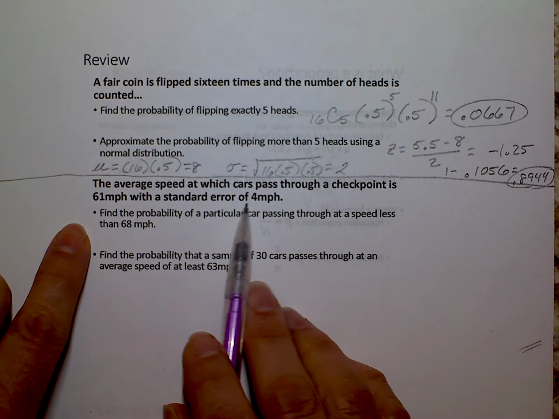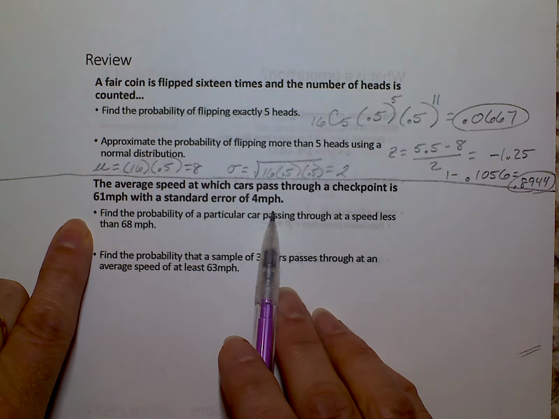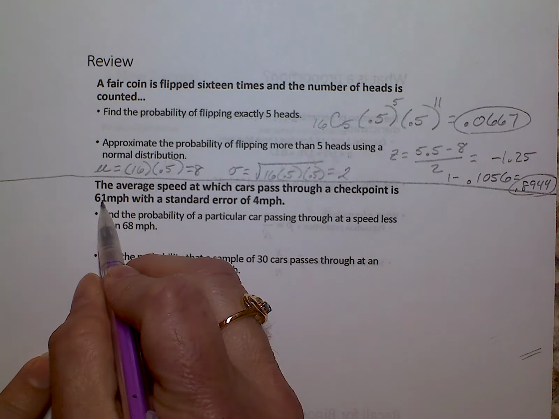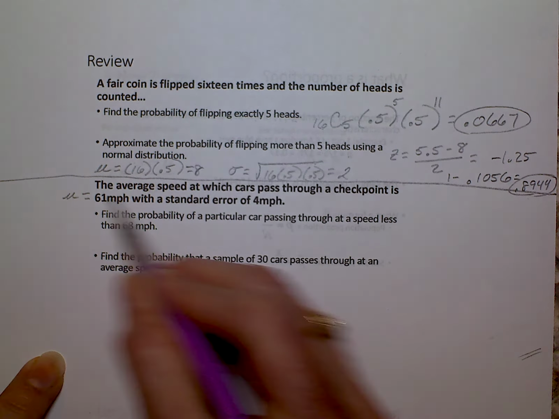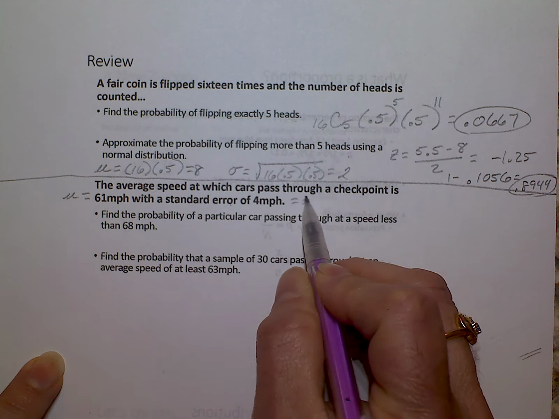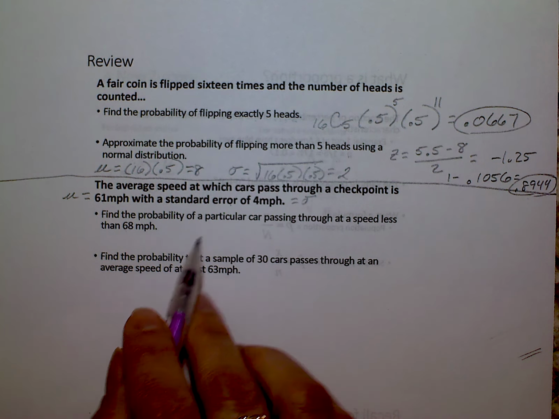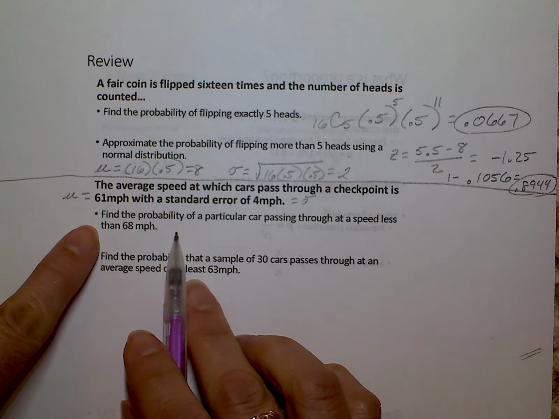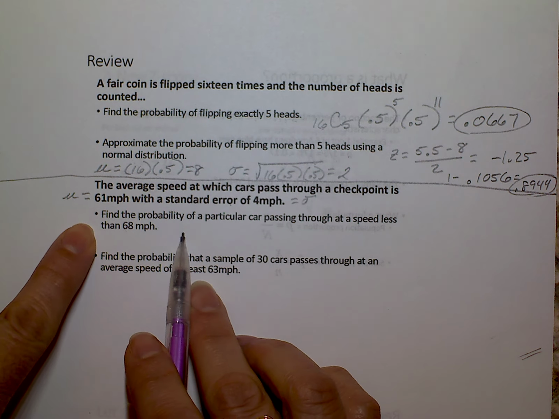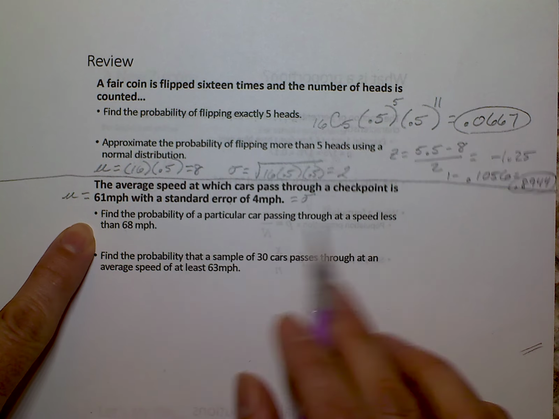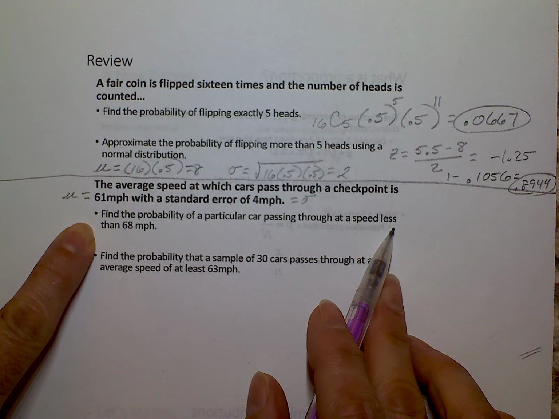Now we're going to look at the speed of cars passing through a checkpoint. The average speed is 61 miles per hour. There's mu. The standard error is 4. That's sigma. If this is normally distributed, we want the probability of a particular car passing through at a speed less than 68 miles per hour.